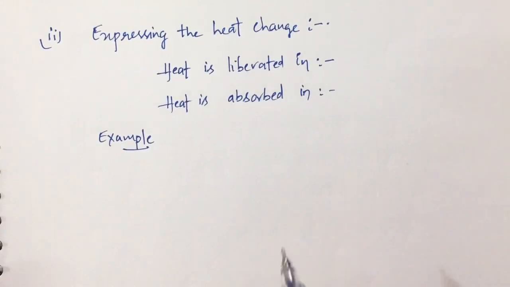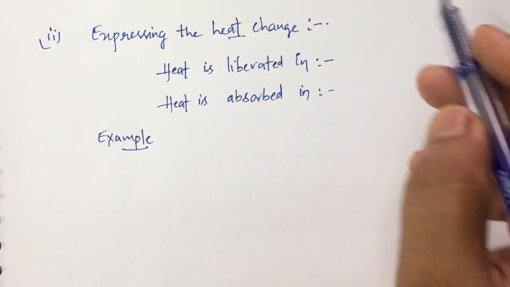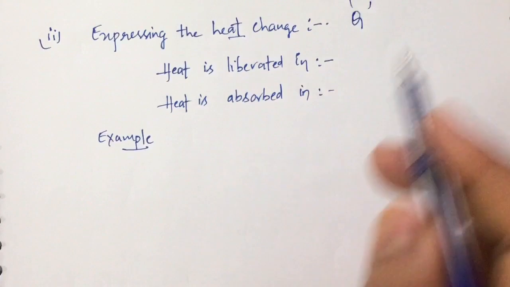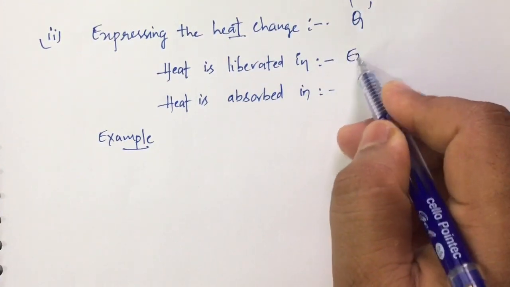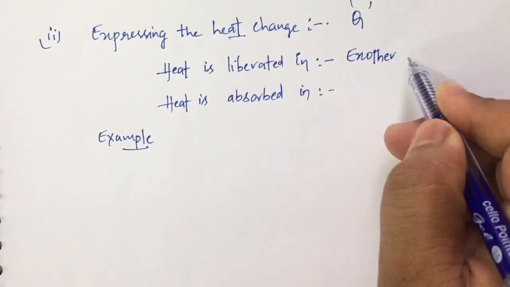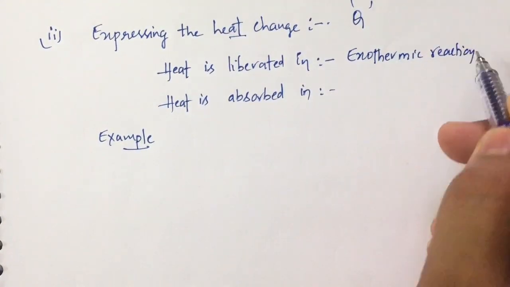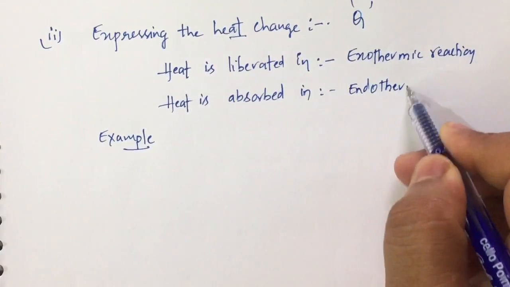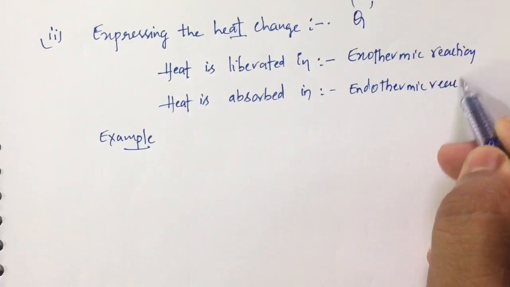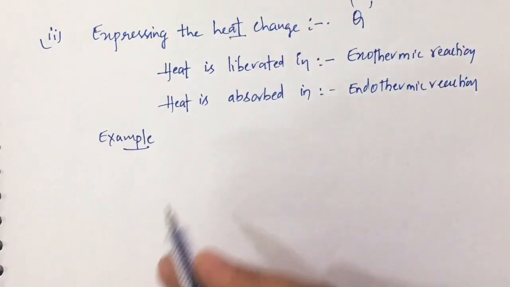Now the second one, expressing the heat change. Heat change is expressed with Q. If heat is liberated in a reaction, we call it an exothermic reaction. If heat is absorbed, we call it an endothermic reaction. So in a chemical reaction, release of heat is exothermic; absorption of heat is endothermic.